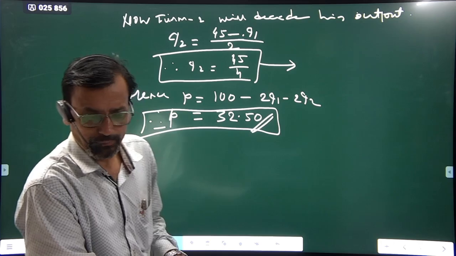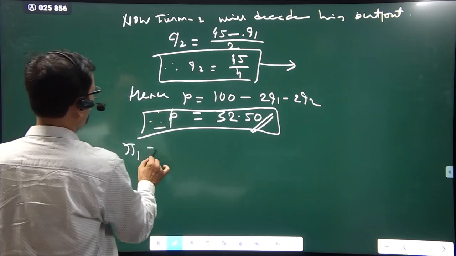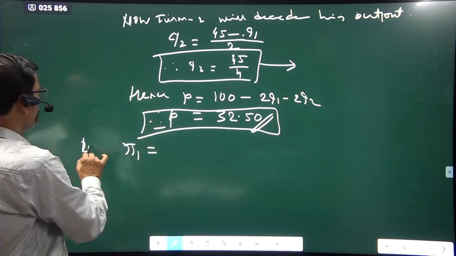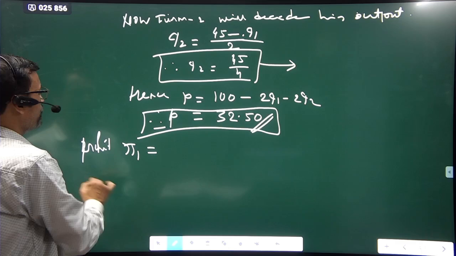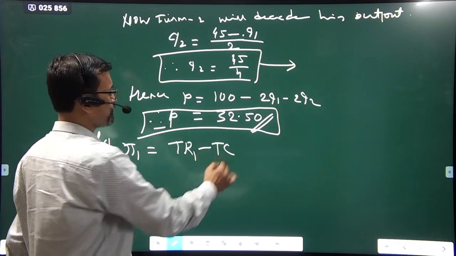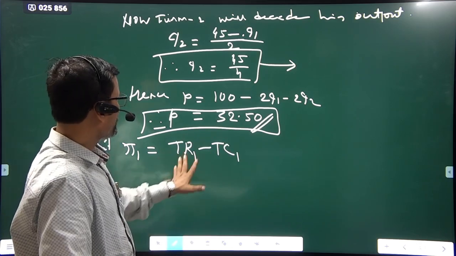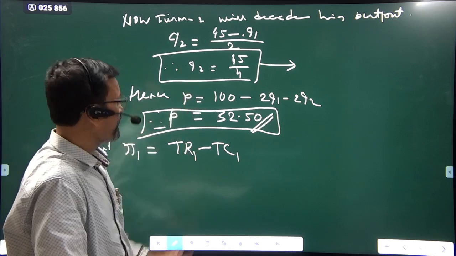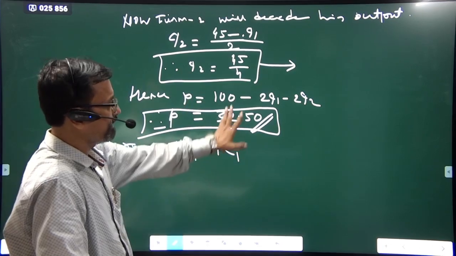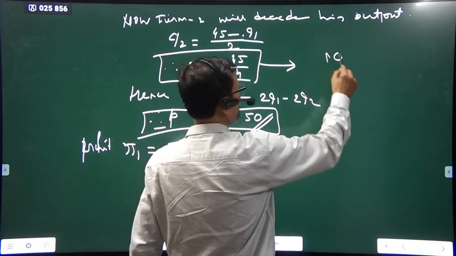Similarly, we will get the profit of firm 1. Profit of firm 1 is total revenue in market 1 minus total cost 1. Total revenue we have already found, but total cost is not given here, only marginal cost, that is 10.